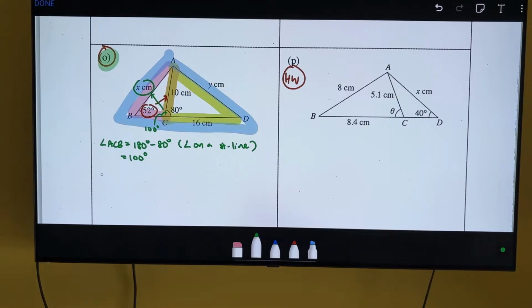So with sine rule, it will be sine 52 degrees out of 10 equals sine 100 degrees out of x. Cross multiply.